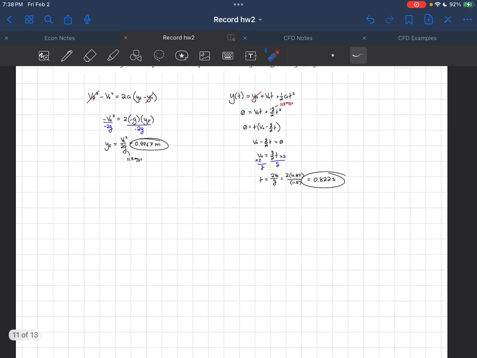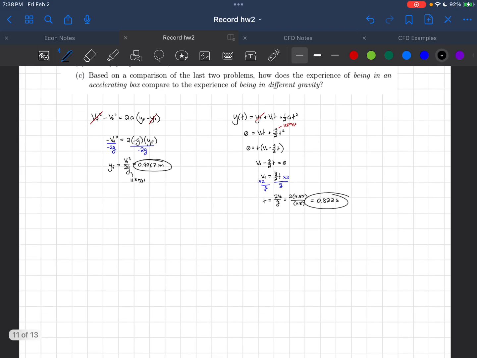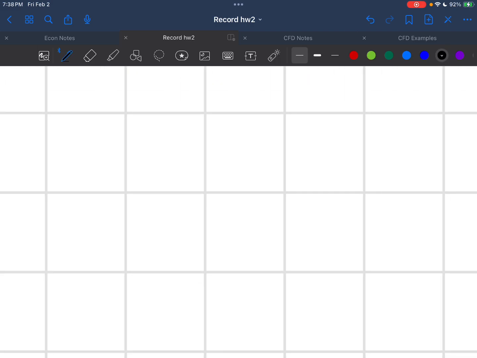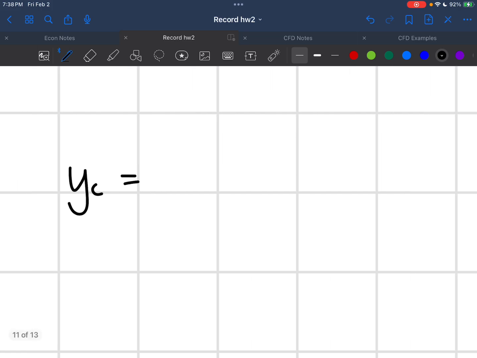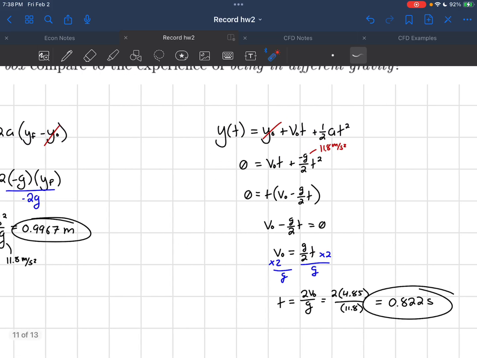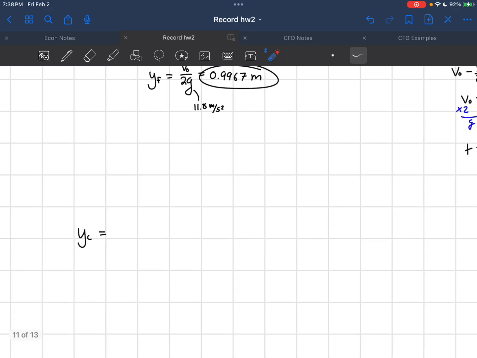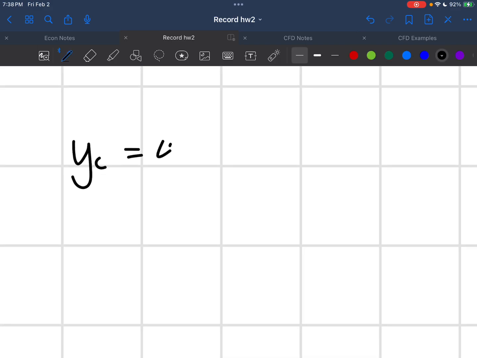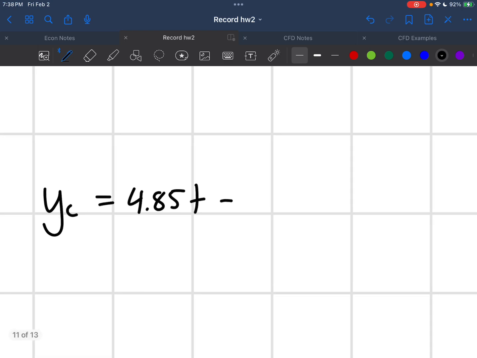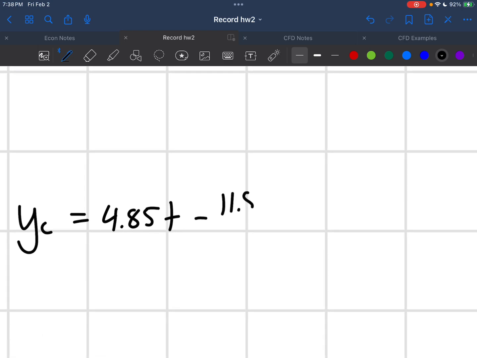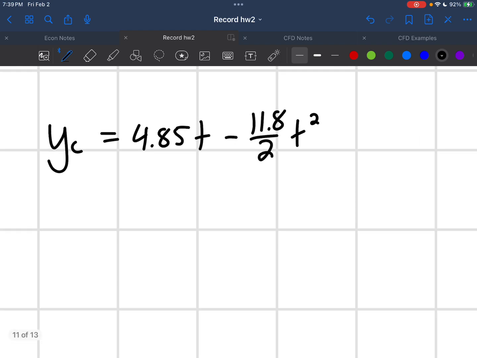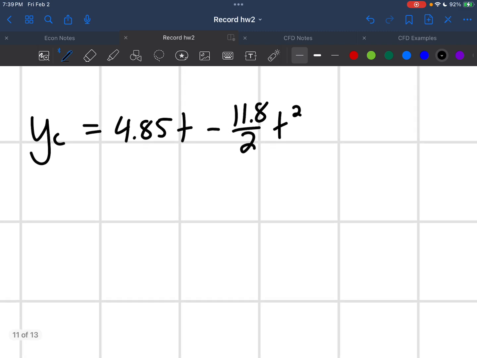And if I look at my equations too, I don't think I ever wrote them all the way out like this, but the position of the cat on this weird planet was 4.85 t minus 11.8 over 2 t squared, because again, that was our new g.